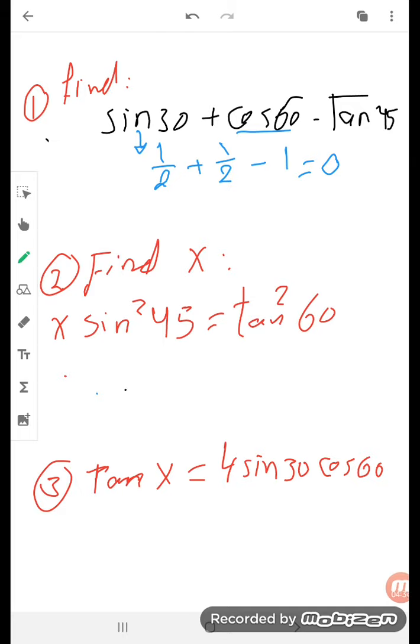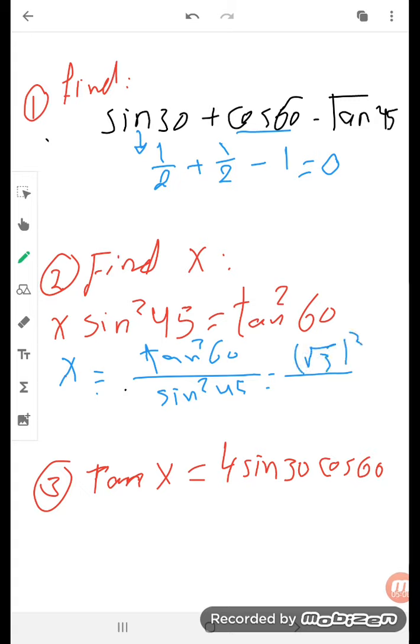Exercise number 2, find x if x sine squared 45 equals tan squared 60. So we can find x equals tan squared 60 over sine squared 45. Tan 60 equals root 3 and squared, so 3.